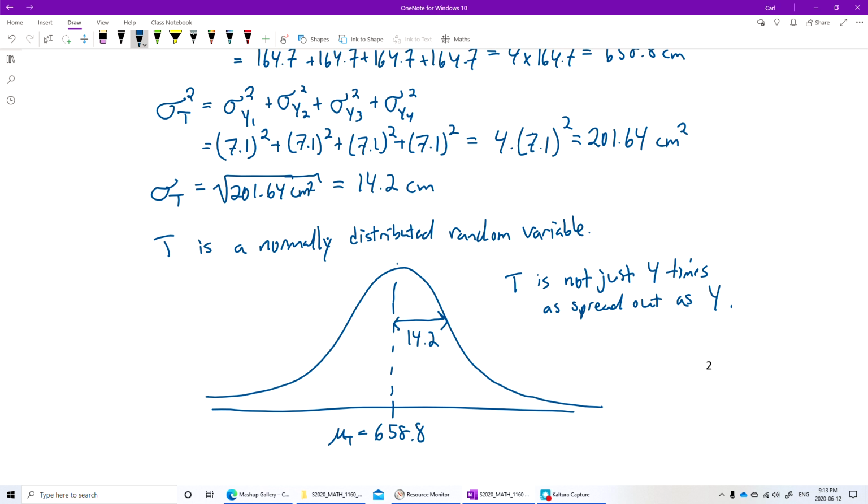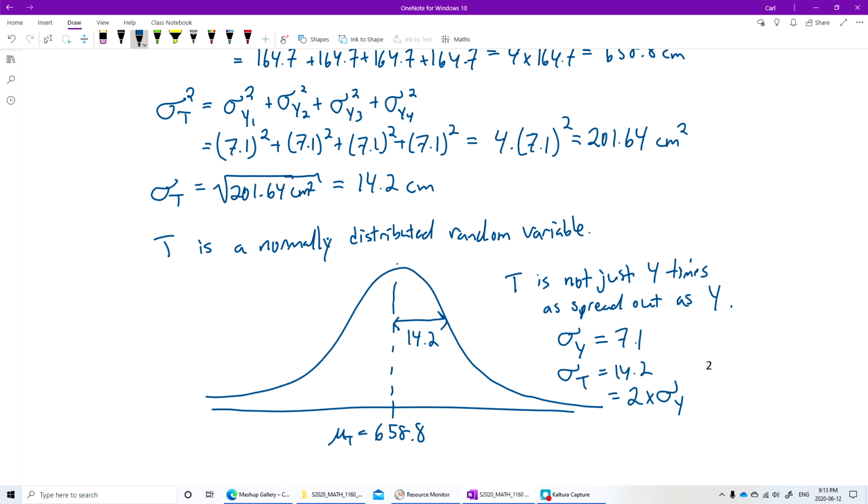The sigma for one woman was 7.1, right? Sigma y was 7.1. But what was sigma T for 4 women? It's 14.2, which is what? You can see that's just double. It's just 2 times sigma y. So we have 4 women, but the spread is only twice as wide. Why would that be?